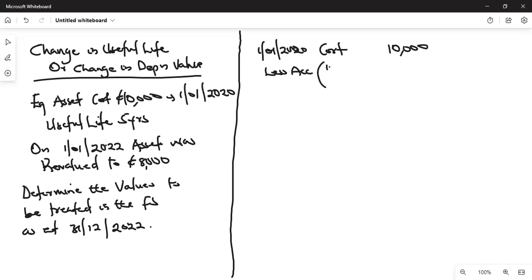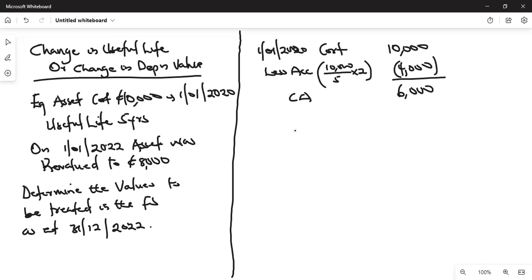The useful life of the asset was initially 5 years, so 10,000 divided by 5 is 2,000, times 2 years, that's 4,000. So the current amount will be 6,000.